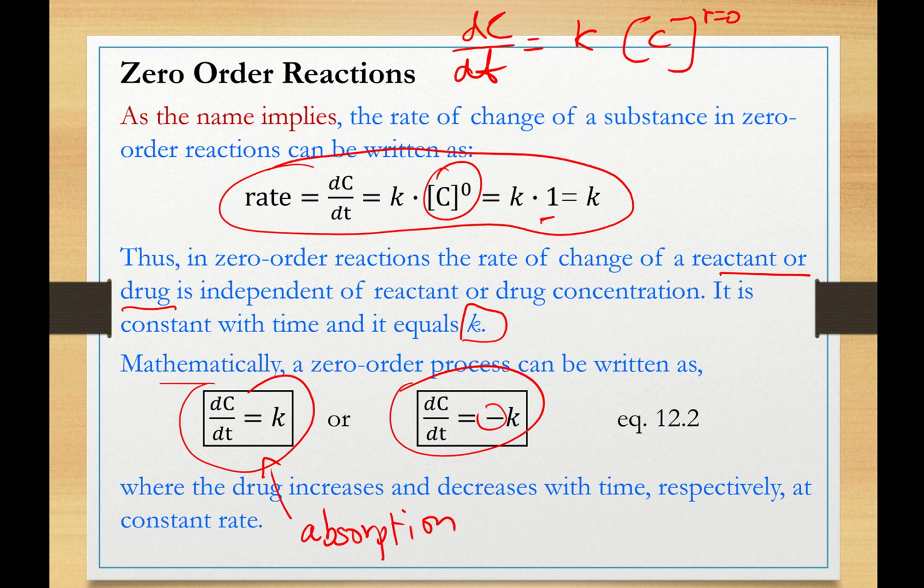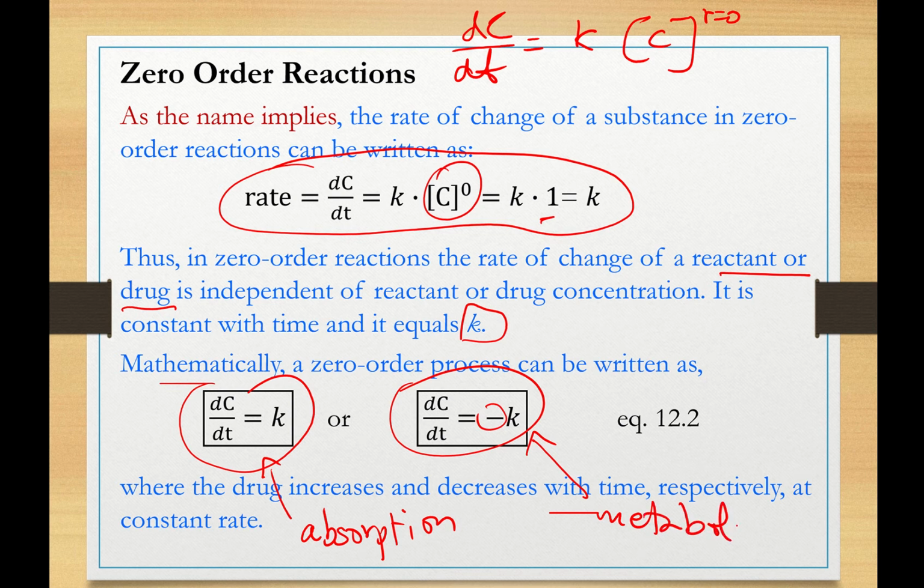So when the concentration of the drug in the GI is high enough to saturate the pathway of absorption, then the rate of absorption in the blood, and therefore the increase in concentration in the blood, is constant and is equal to k, okay?